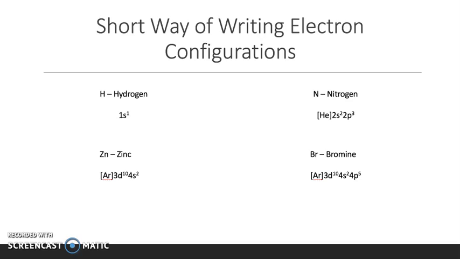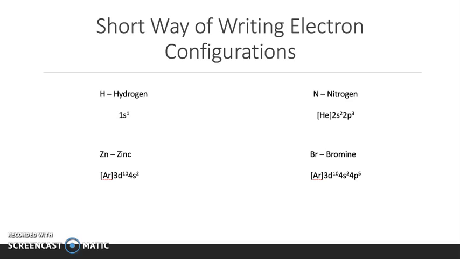So the noble gas that nitrogen is closest to that is full is helium. So helium, and everything behind it, is full. So we can say helium and then 2s2, 2p3. It's a much simpler way of writing it, and we can see that especially for something like zinc and bromine, where for zinc, everything from argon and behind is full.